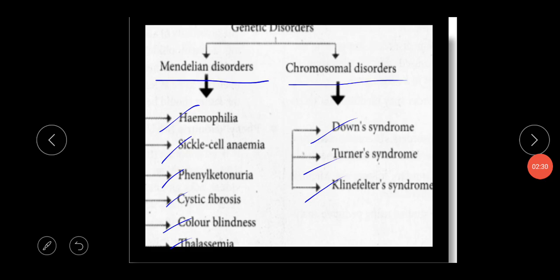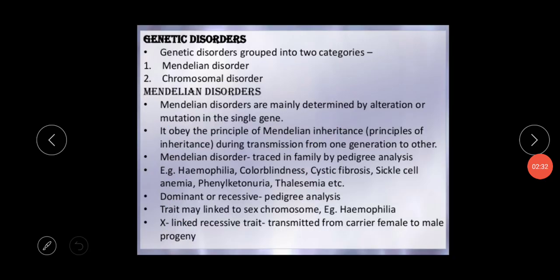Next you should know the basic definition of Mendelian disorder. These kinds of disorders are mainly determined by the alteration or mutation in a single gene. So I am repeating again. These Mendelian disorders are mainly determined by alteration or mutation in a single gene.